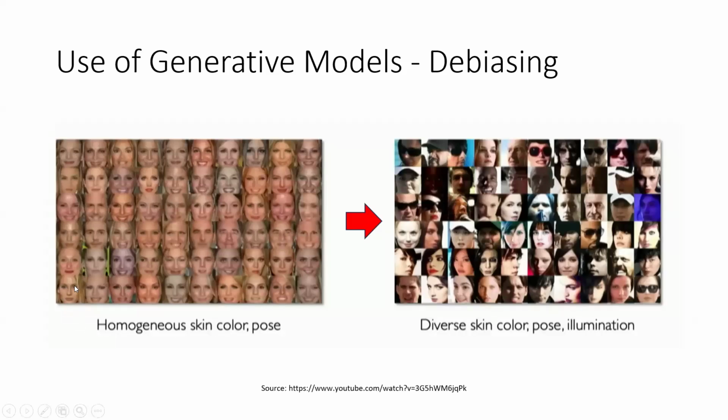Suppose this is the data set you have got, an ideal situation, where you have homogeneous skin color and pose, but what you want is a data set like this which is very diverse: the skin color, the pose, the way they are looking, the illumination, how the light falls on their faces, whether they are wearing glasses, whether they are laughing or not.